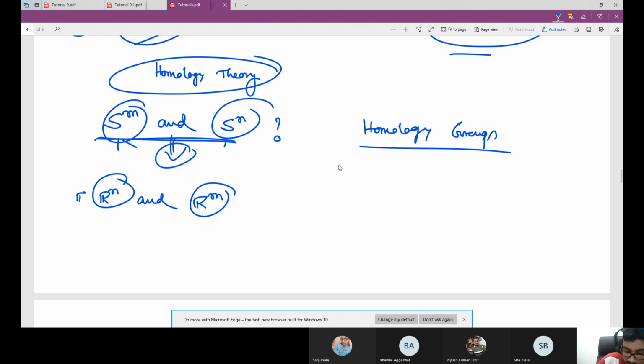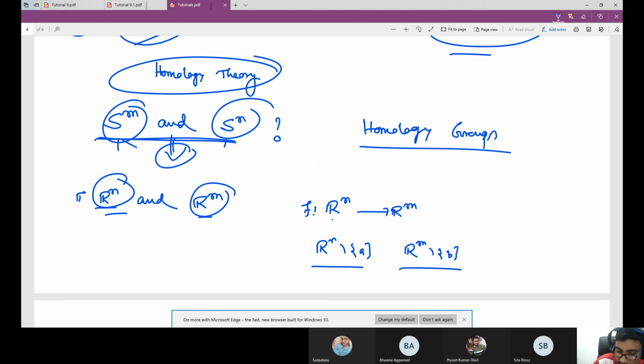What we do is first assume that these two are homeomorphic, say Rn and Rm are homeomorphic. Now we delete one point from each space, say Rn minus A, then Rm minus B. So these two again will be homeomorphic.